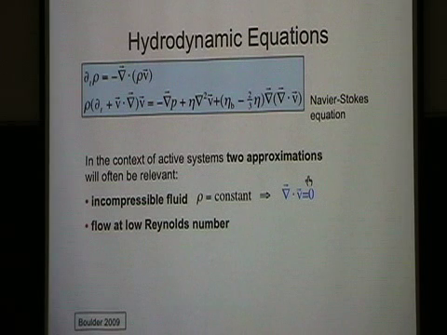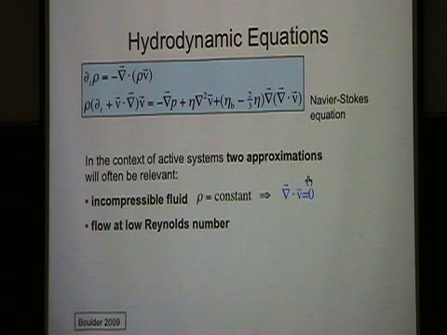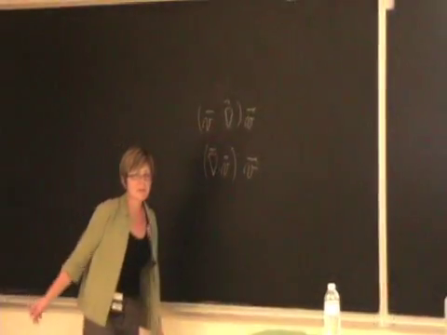Notice, for instance, that it contains the term V dot grad V, but it does not contain a term like divergence of V times V. Now, why not? They're both at the same order, these are equations for a vector field.